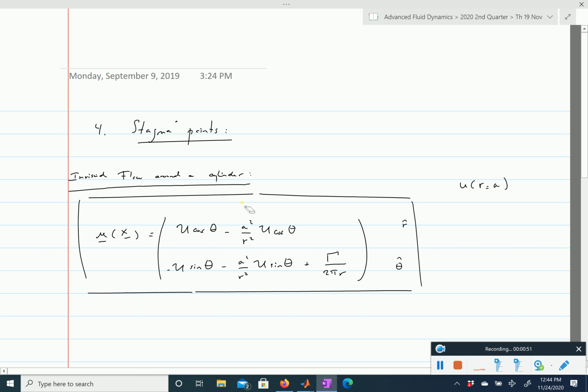At r equals a, the radial component is equal to 0 because that's the no penetration boundary condition that we imposed. Our only non-zero component is in the circumferential direction, and it's equal to minus 2u sine theta plus gamma divided by 2 pi a.